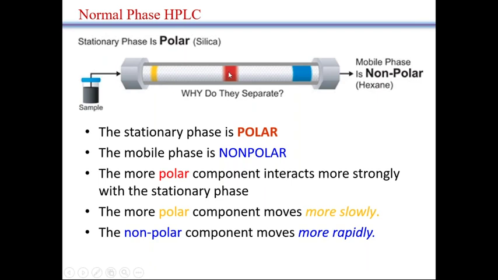The non-polar will not interact with the stationary phase, and therefore the polar components will move very slowly, which is shown in yellow, and the non-polar component will move out fast. So that means the non-polar will be eluted first and the polar will be eluted later.